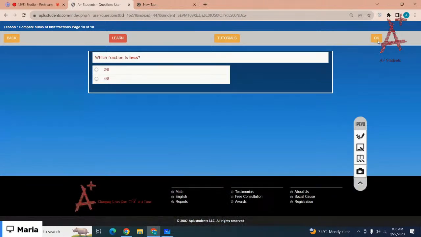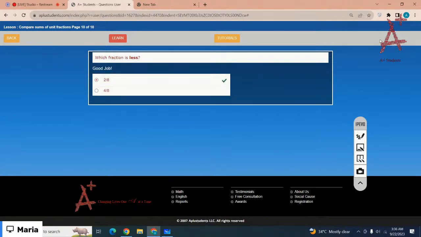Okay, which fraction is less, 2 by 8 or 4 by 8? Which is less? Yes, 2 by 8 is less than 4 over 8, right?